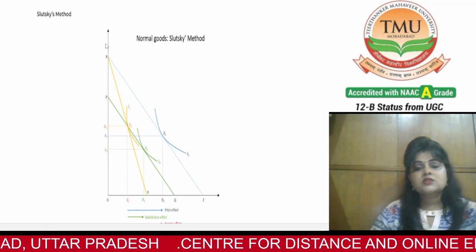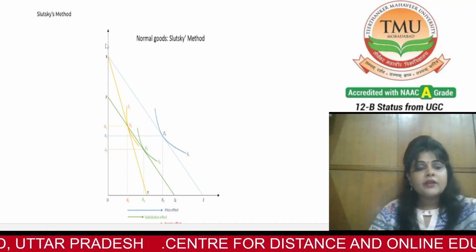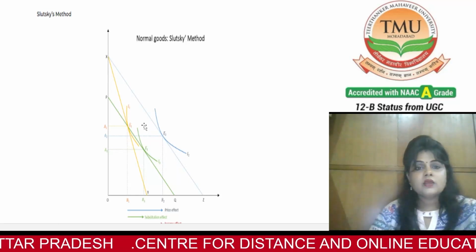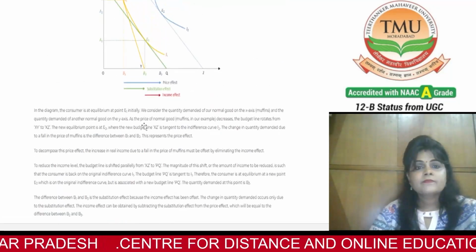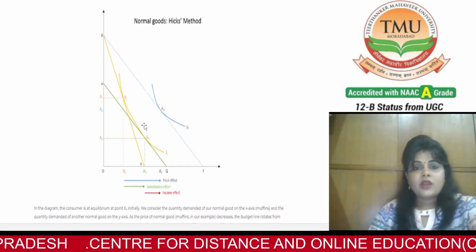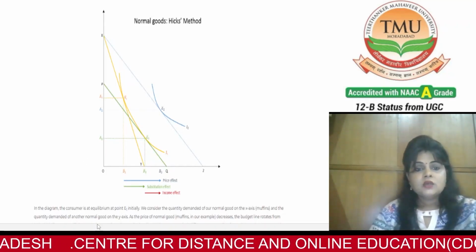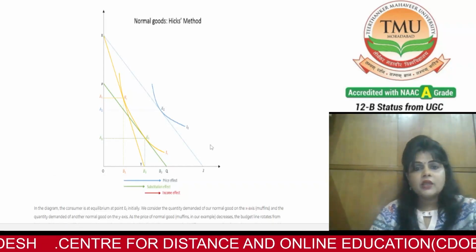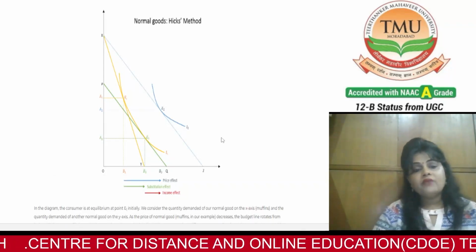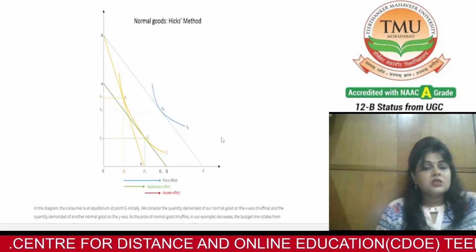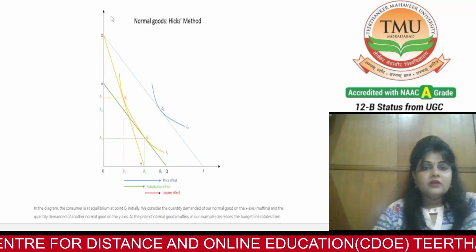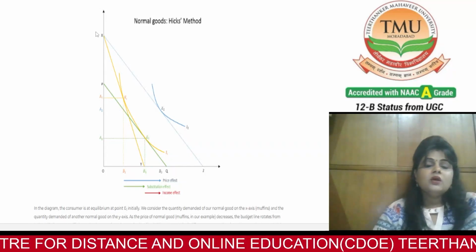Here we also discuss the Hicks income effect. I will discuss it briefly again. According to Hicks, income level must be reduced in such a manner that a consumer returns to the original level, here, the original level of utility.